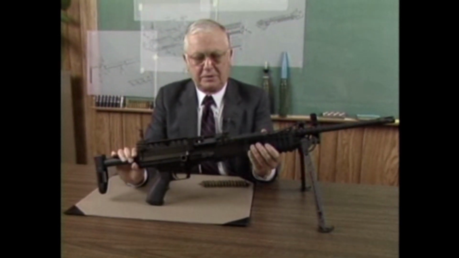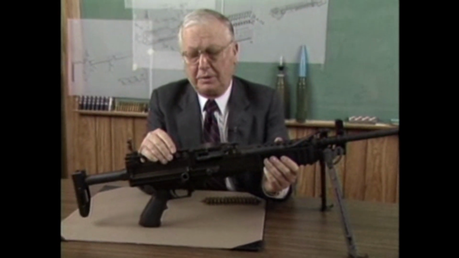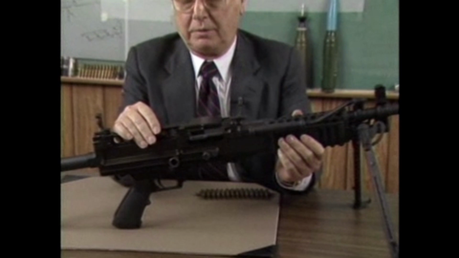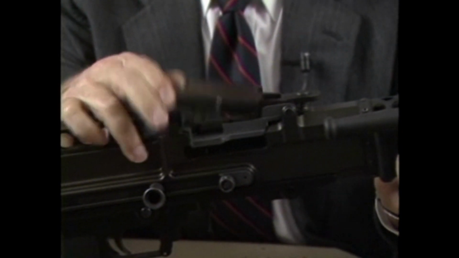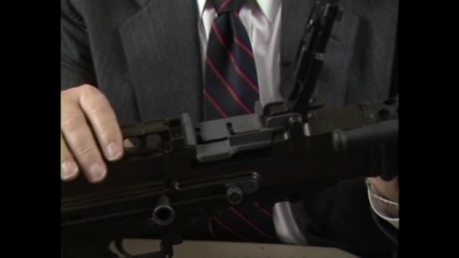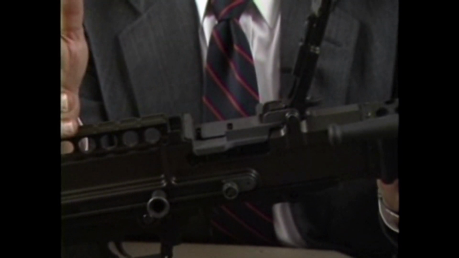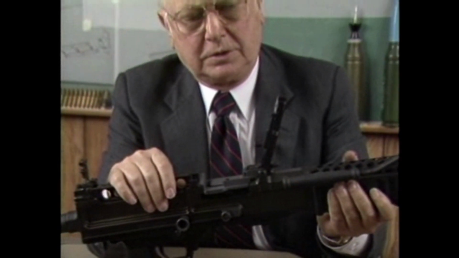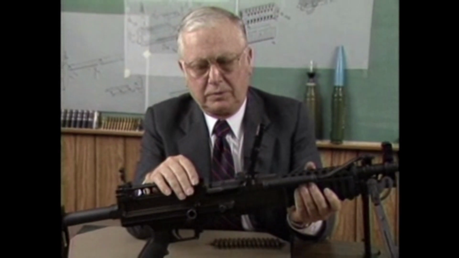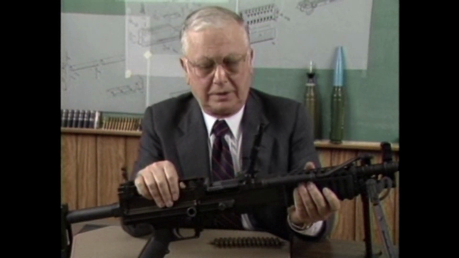So the feed system is a little unique, or I think different than anything on the market right now. The fact it's a very compact, simple system. You can see there are very few parts involved in the feed system or feed cover compared to most machine guns. And this system was derived also to make this weapon compatible with an M16 magazine.